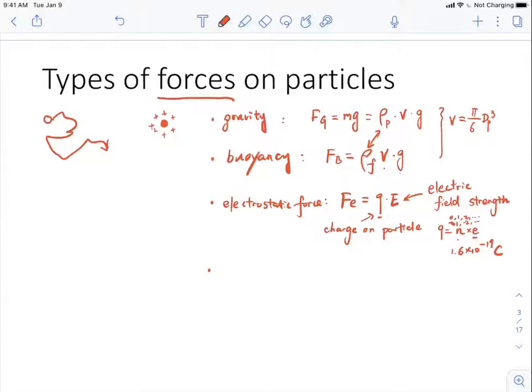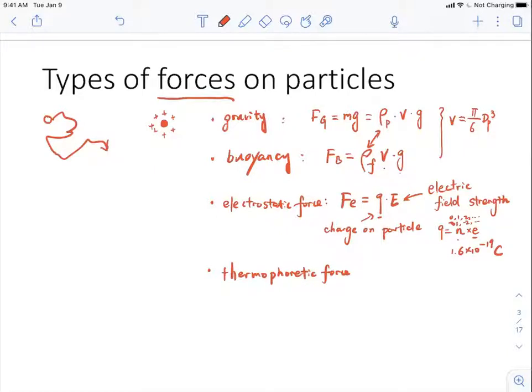So what are the other possible forces? One possible force is what we call the thermophoretic force. The thermophoretic force occurs when a particle is moving under a temperature field.